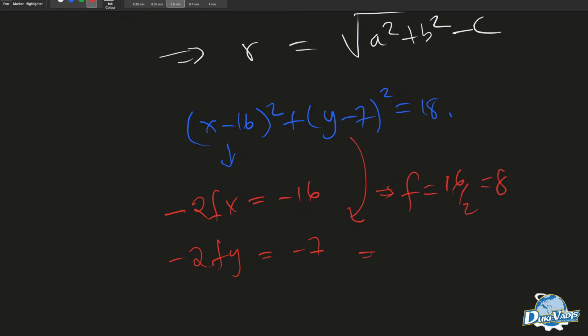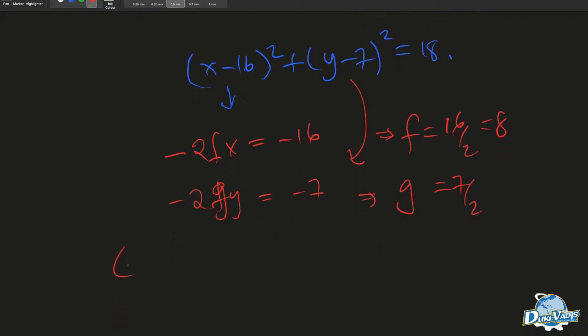And this g is equal to 7 over 2. So now the center of the circle is (8, 7 over 2).